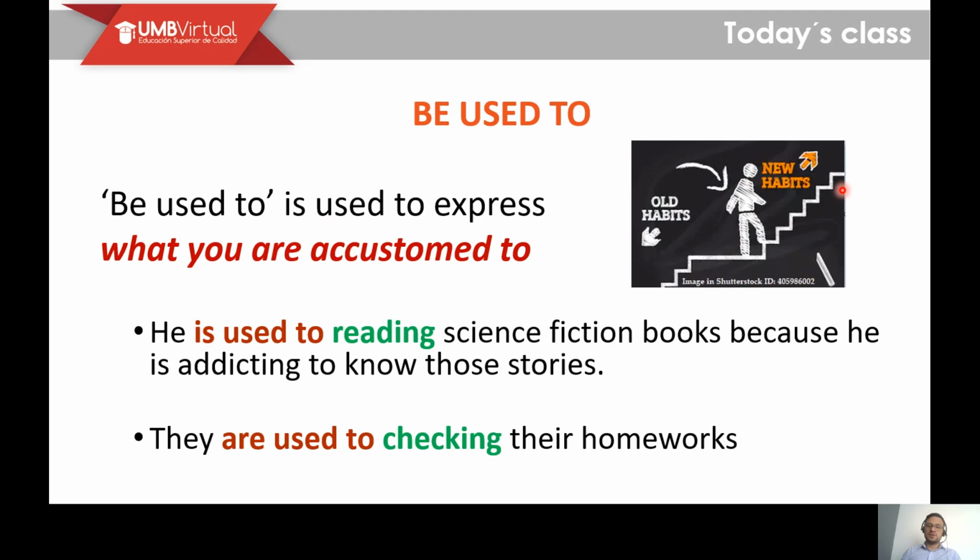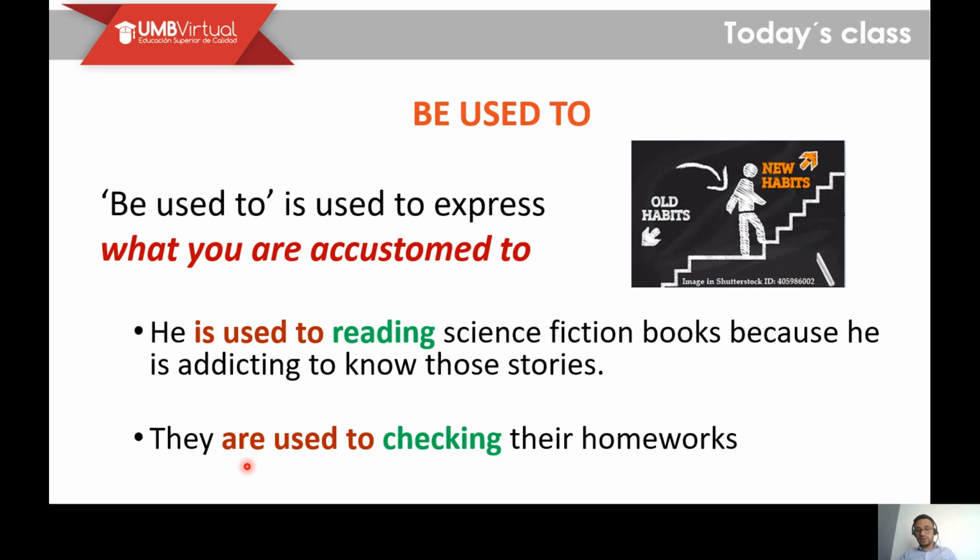Next topic, be used to. Be used to is used to express what you are accustomed to. ¿Listo? This is mainly about habits. Cosas que estamos acostumbrados a hacer. He is used to reading science fiction books because he is addicted to those stories. They are used to checking their homework.